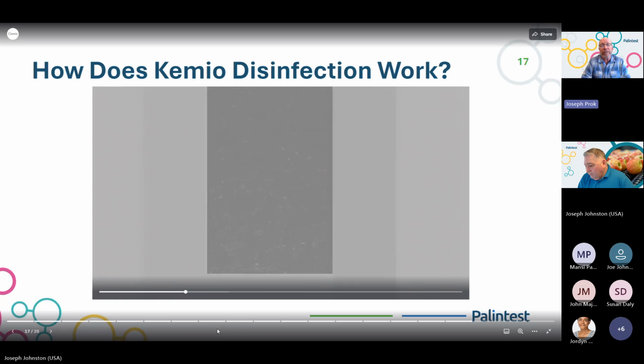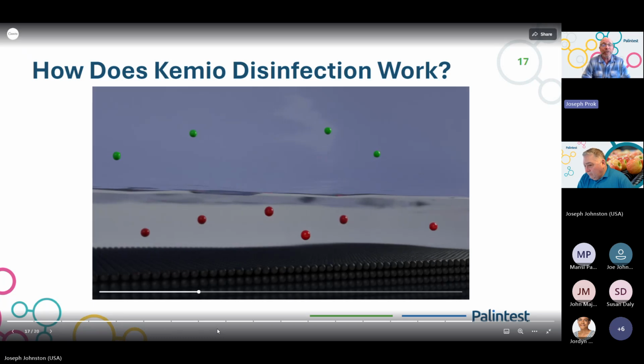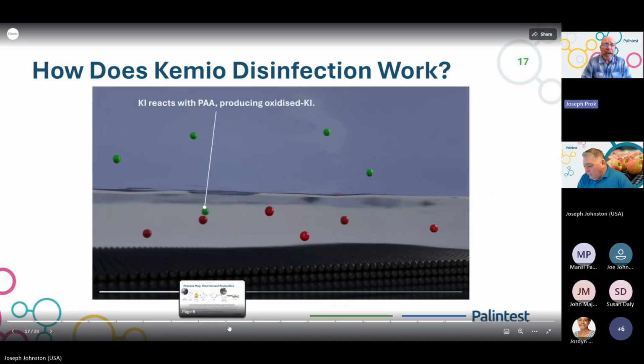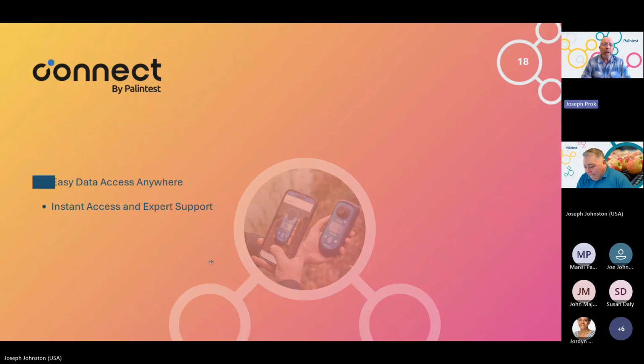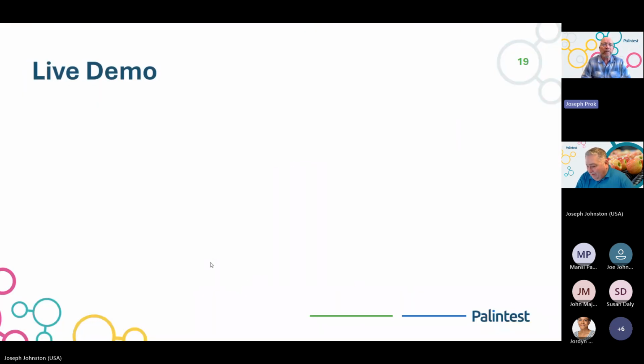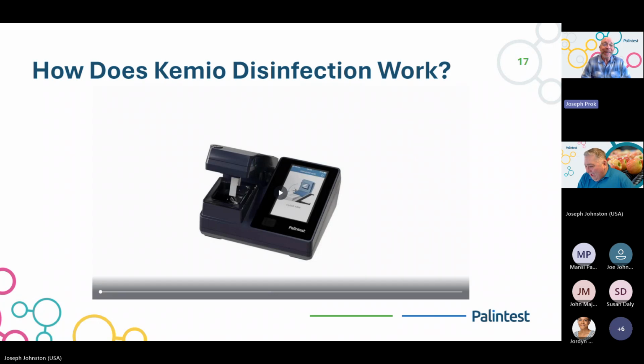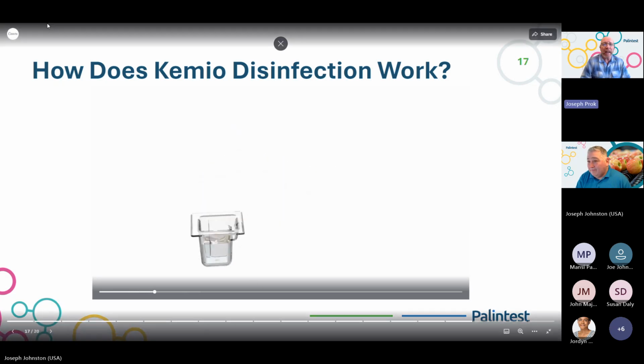This cartoon does a pretty good job demonstrating what occurs when the acetic acid comes in contact with the iodide ion.